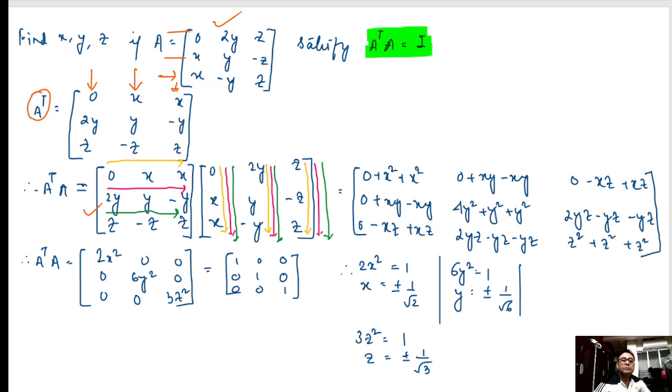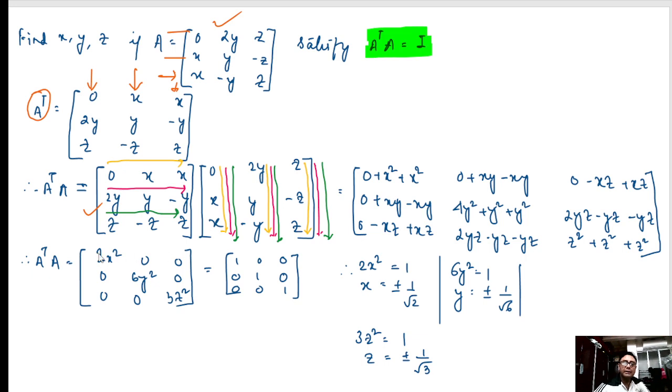Okay, so now we will do z into z plus minus z into minus z plus z into z, and we will get this part.